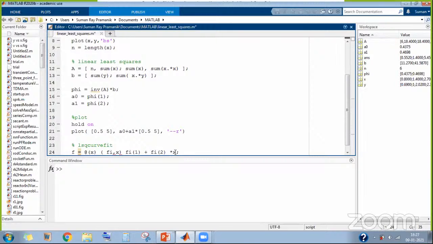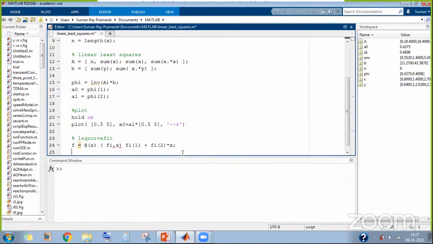So this is our model, isn't it? It was actually a0 plus a1 of x. I'm giving an independent variable phi, which is a vector, and the first element is phi of 1, which is a0, and phi of 2 is a1, and that was actually the model a0 plus a1 of x. So we are done here. So now let's find the answer.